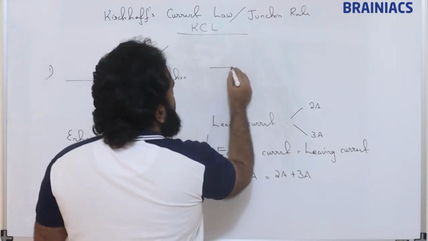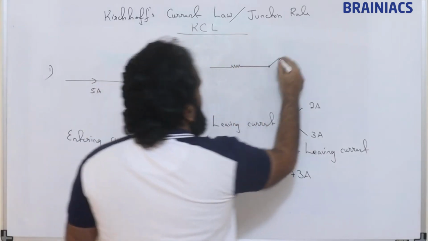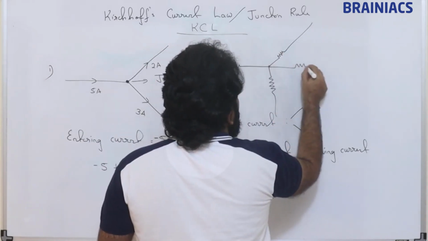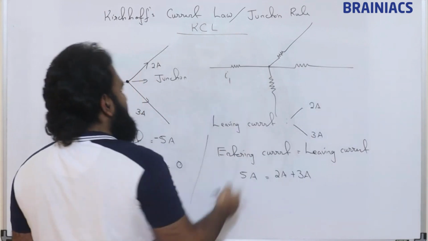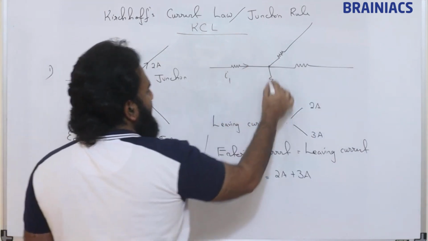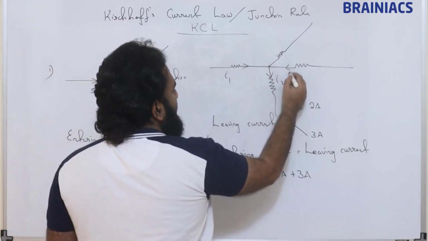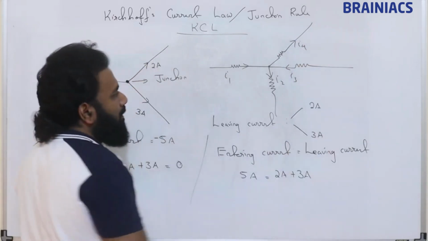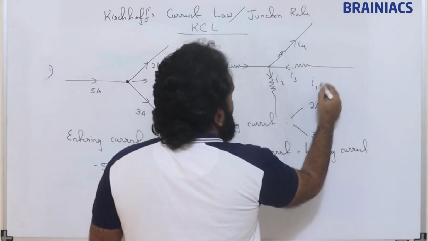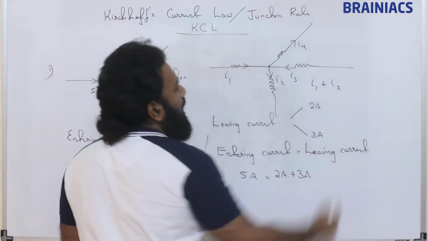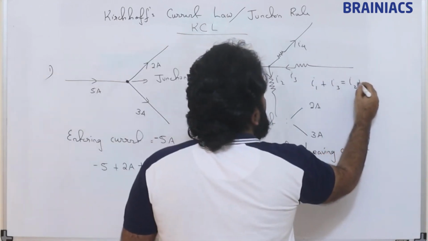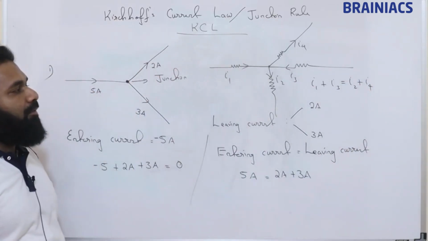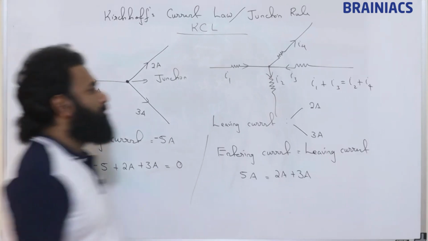Suppose we name it like this. This is I1. If this is entering, I2 is leaving, I3 is entering, I4 is leaving. We can say the entering currents I1 plus I3 will be equal to what? I2 plus I4. The sum of entering currents will be equal to the sum of leaving currents.